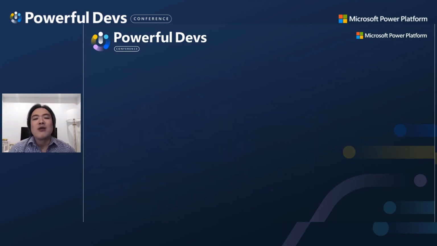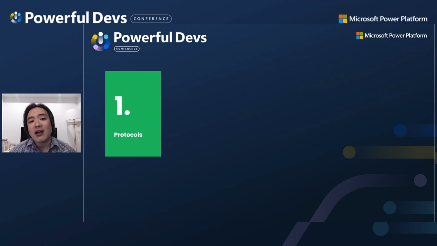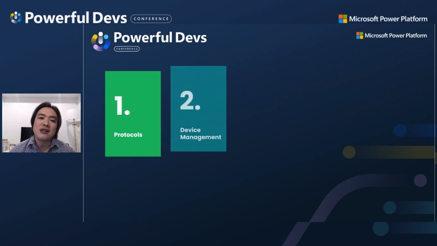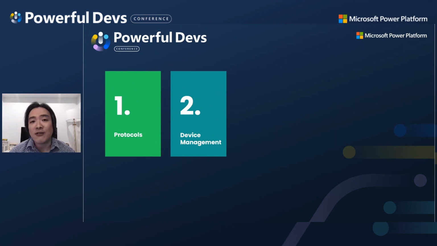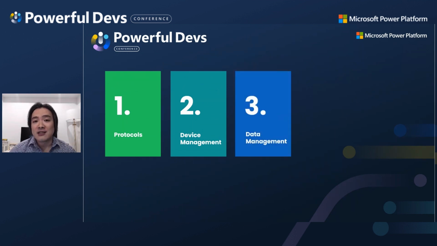Well, when we talk about designing and building an enterprise-grade IoT solution, it starts with data on a device. But there's much more than that. We have to think about how we're going to connect to our application from our devices. We also need to think about how we're going to manage our devices across the life cycle. Once you've connected to the device, how are you going to store, process, and analyze this data?